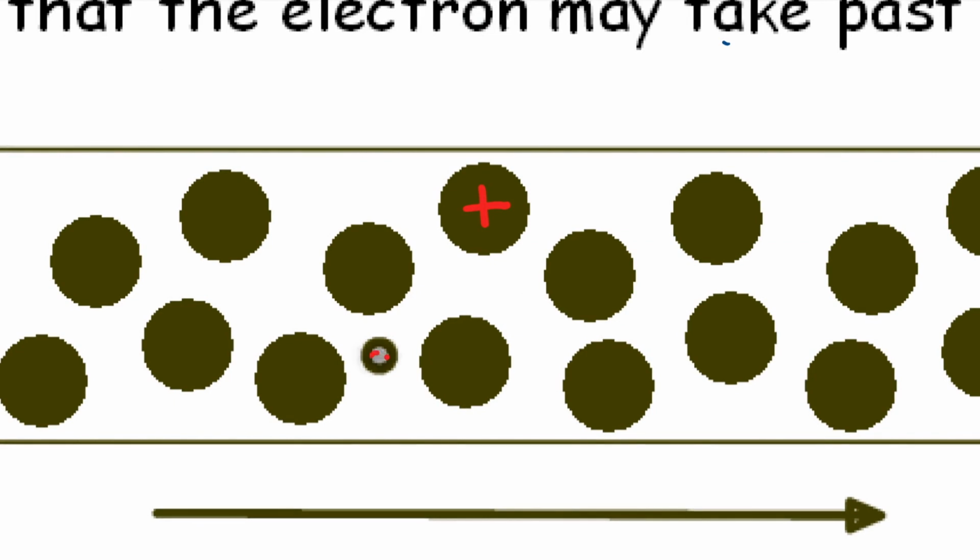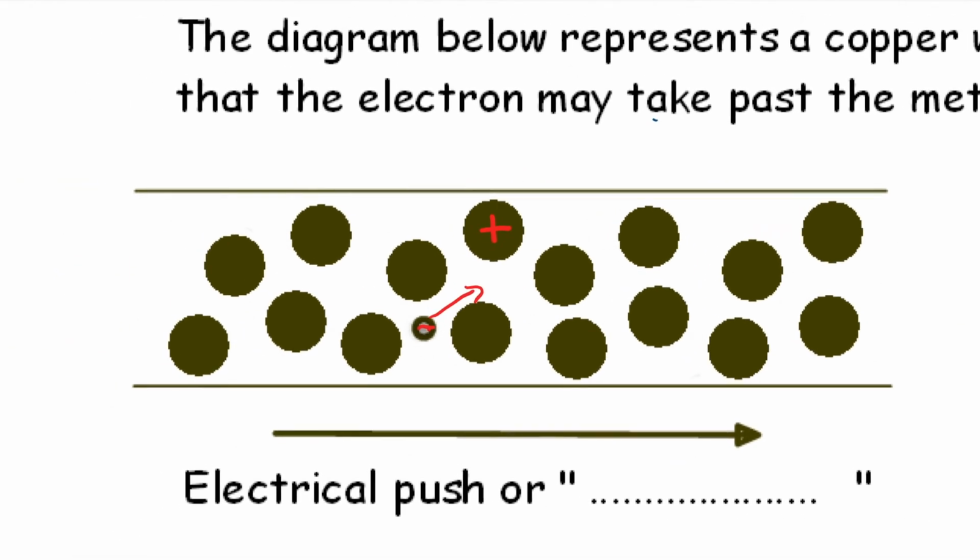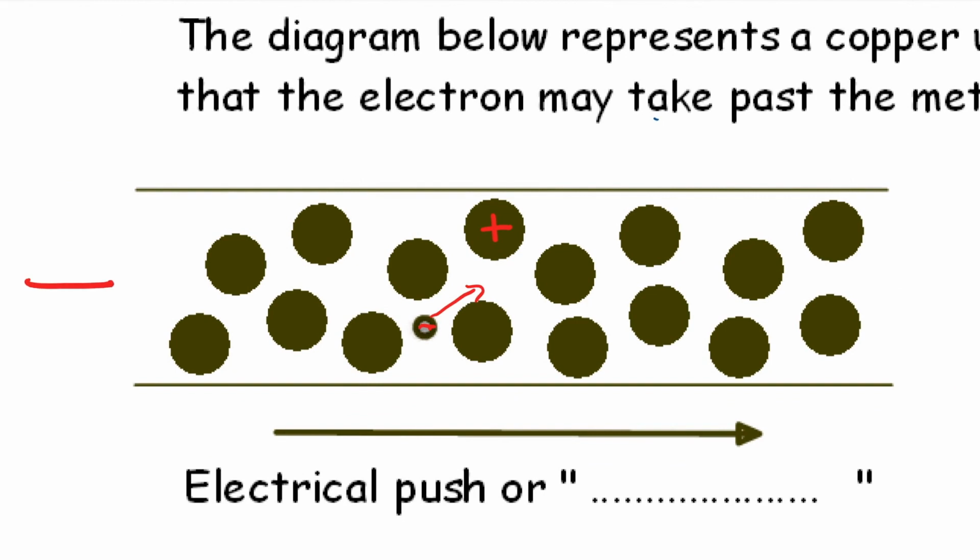And the negative electron is being pushed by the voltage from the negative side of the wire, because negatives and negatives repel, like charges repel, so it's pushing that way. And this is the positive side of the wire connected to the positive side of the battery, which is pulling, so you've got a push there, and you've got a pull here from the positive side of the battery or power supply.